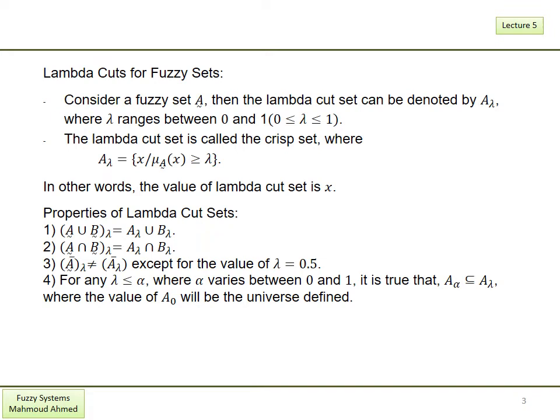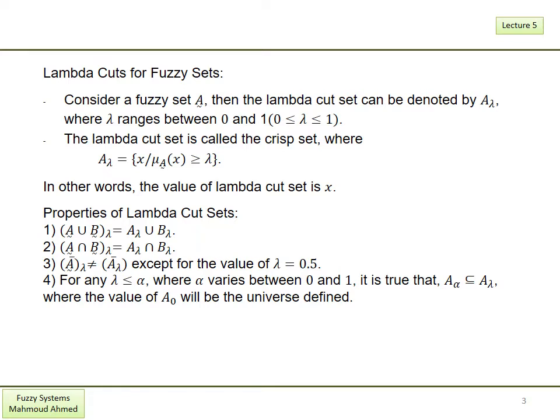The first point in this lecture is to define what are called lambda cuts. A lambda cut lets us take a given set of elements in a fuzzy membership function and deduce the maximum output. For a fuzzy set A, the lambda cut is denoted as A suffix lambda, where lambda ranges between 0 and 1.